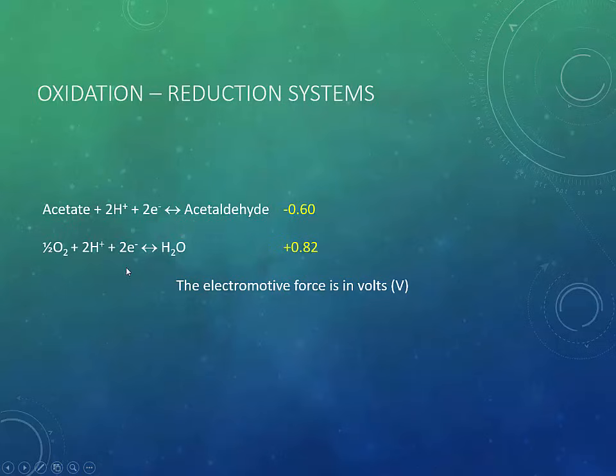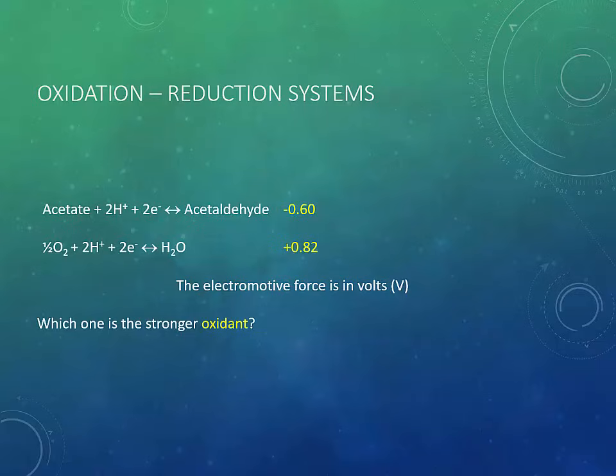Whereas look at water. Water has an electromotive force of positive 0.82, which means generally oxygen wants to gain electrons to become water. Water really doesn't want to give up electrons, so we know water really isn't a reductant, whereas oxygen, think of the name, oxygen is absolutely an oxidant.